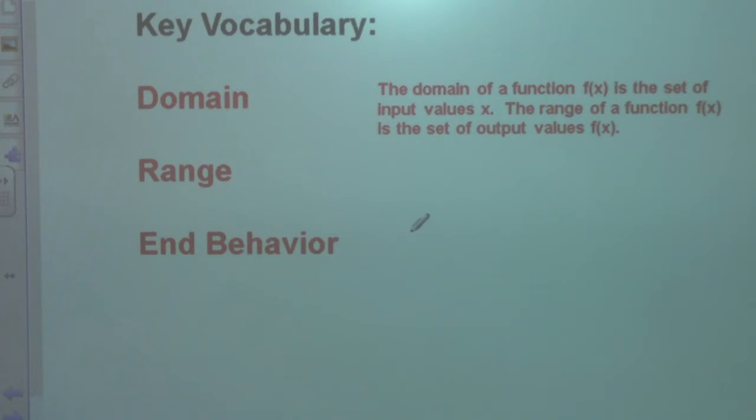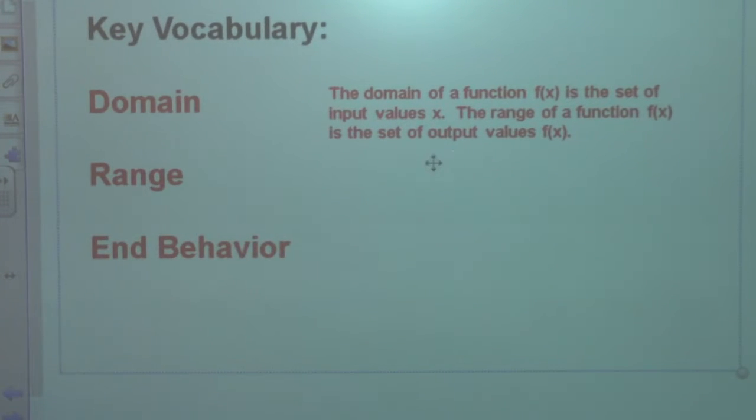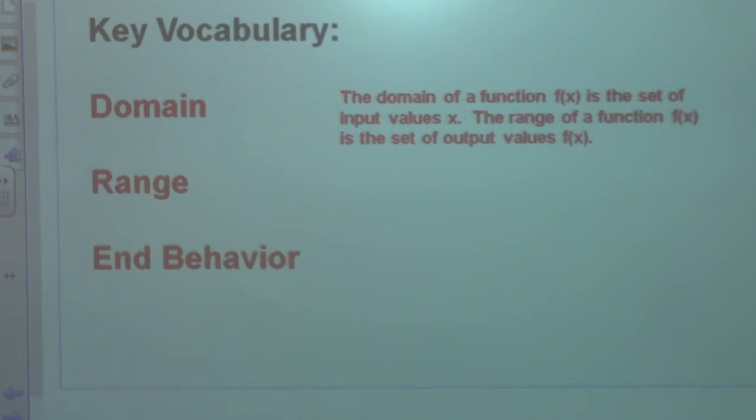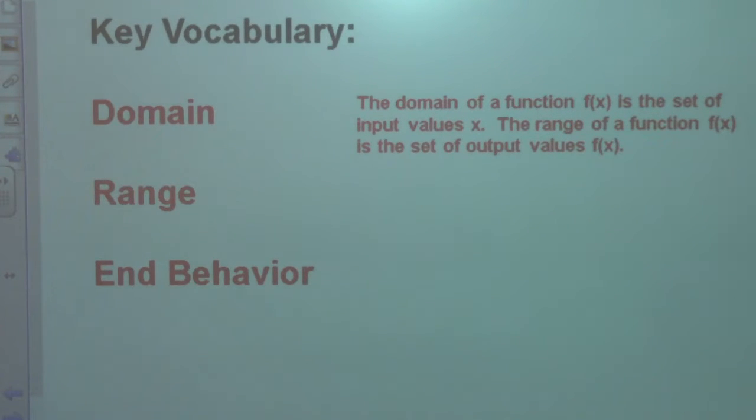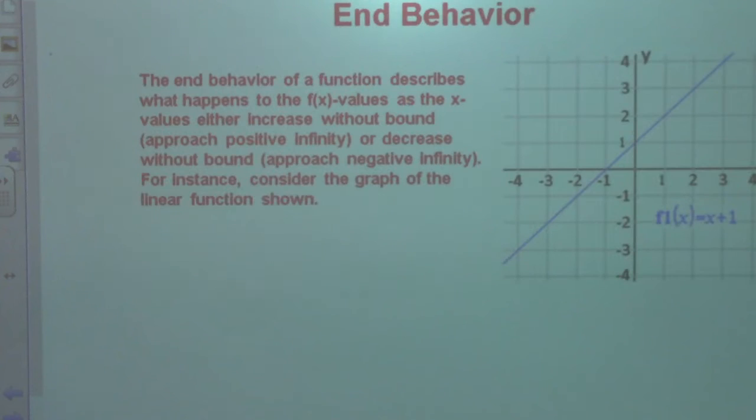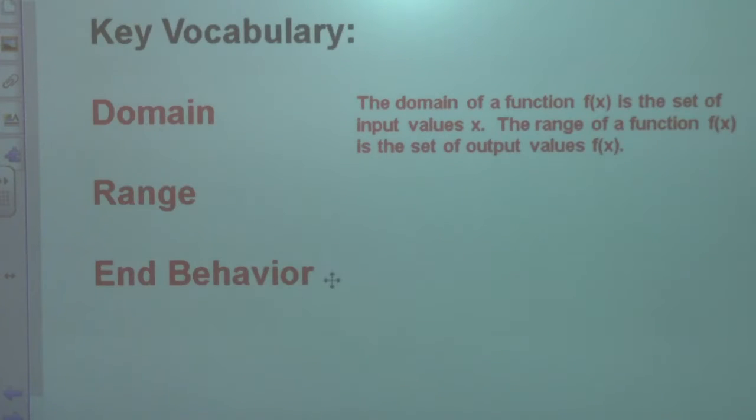So now we're talking about function notation, that x and f of x. Does that halfway make sense? Yeah. Okay. So we're going to actually look at some problems for that here.